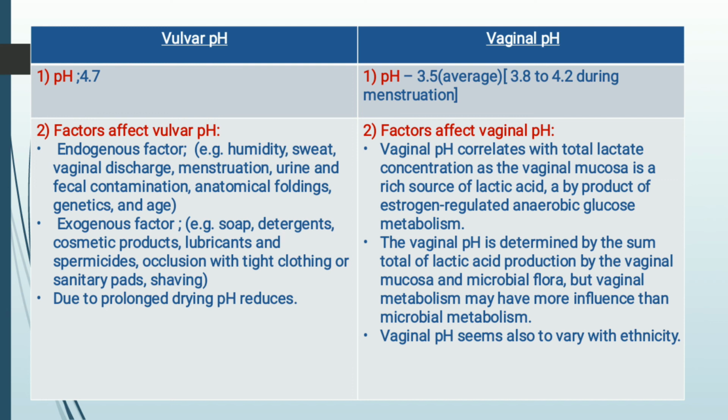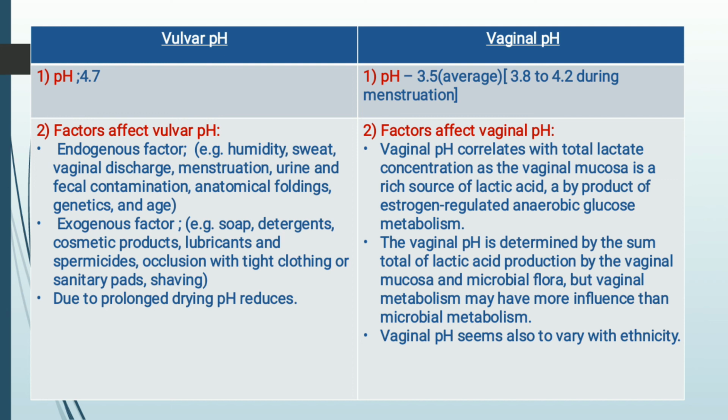The same applies to vaginal pH. Vaginal pH is affected by the vaginal microbiota and by estrogen regulated anaerobic glucose metabolism. So there are mainly two factors: estrogen regulated anaerobic glucose metabolism, and the second one, vaginal microbiota. Vaginal pH is majorly affected by this mechanism, estrogen regulated anaerobic glucose metabolism, and less affected by the vaginal microbiota.